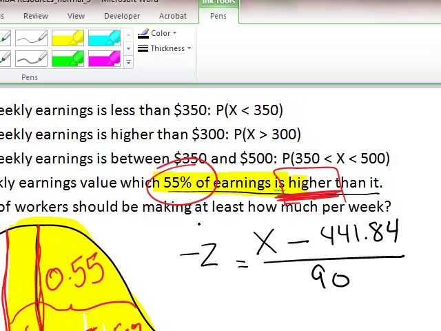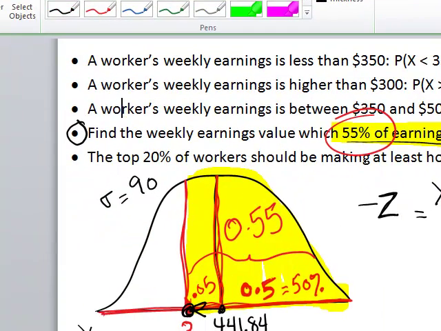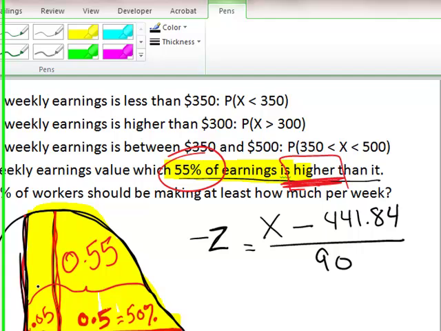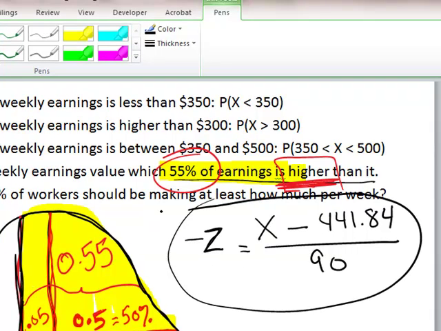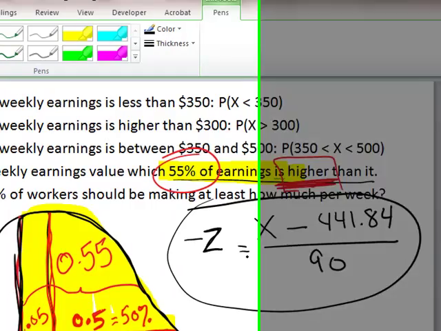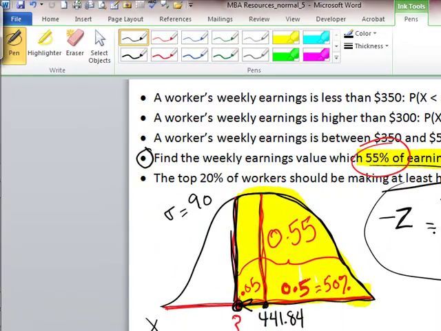So if I can use the normal table to find that z-value where 55% of the area under the curve falls to the right of it, then I can plug my numbers in here and solve for x. But I need to make one more observation before I do that.